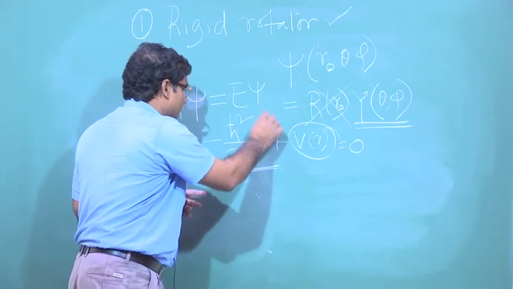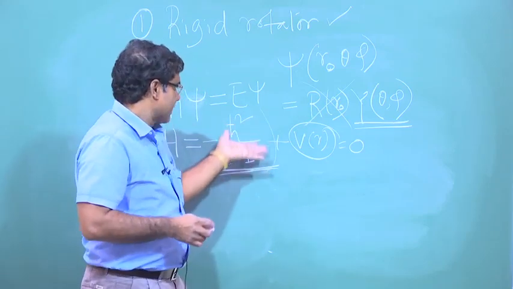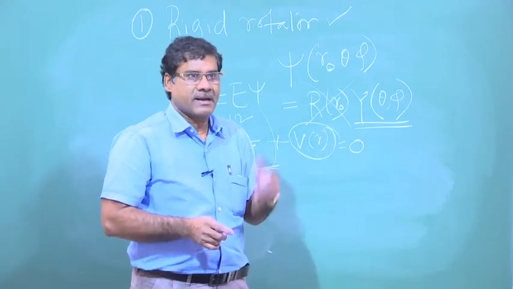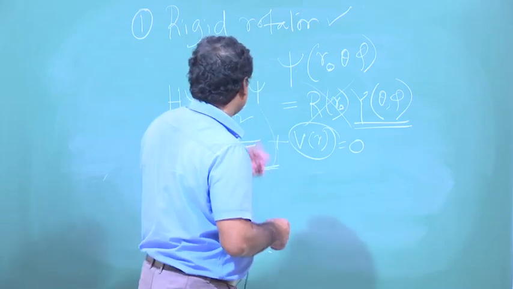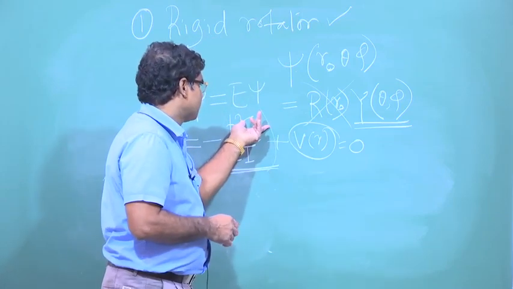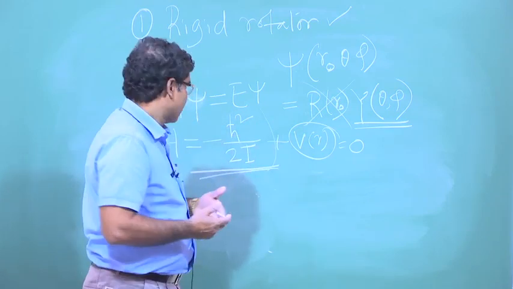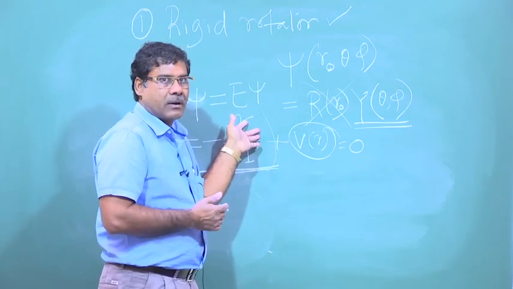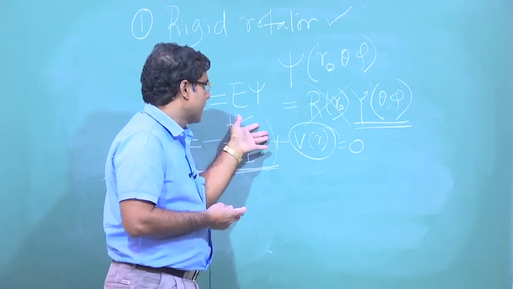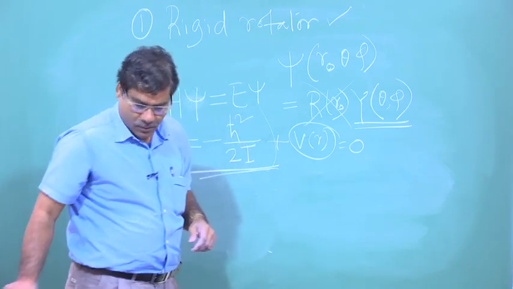So, one can show that this kinetic energy is due to the angular momentum, it comes from the angular momentum, not linear momentum.